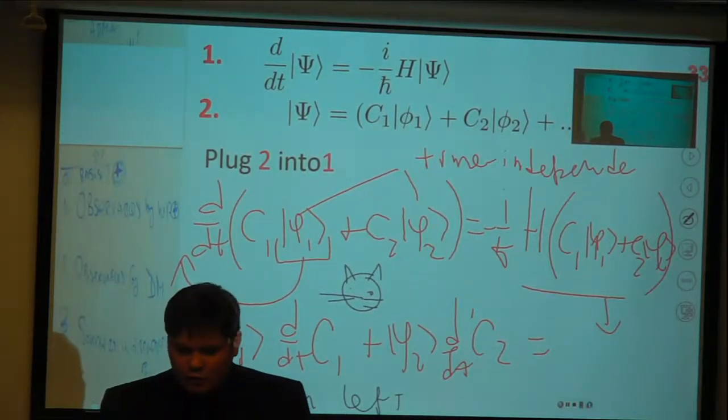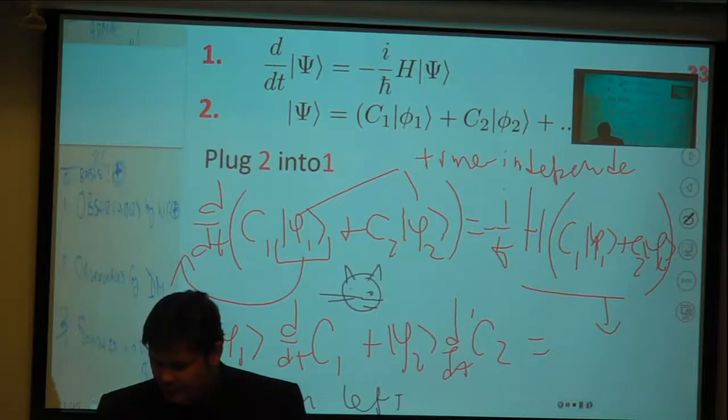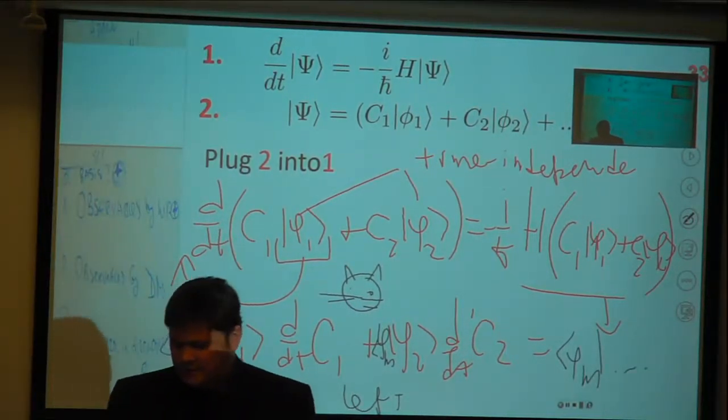I want to be general, so instead of plugging in a specific number, I will say it will be wave function number m. Phi m multiplied from the left, and here phi m multiplied by whatever is there.